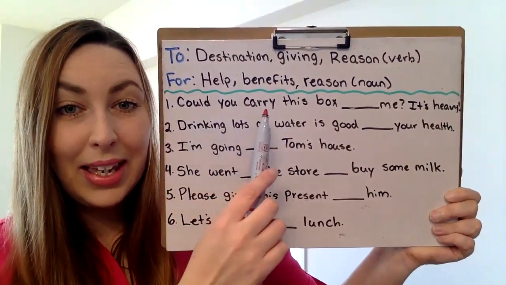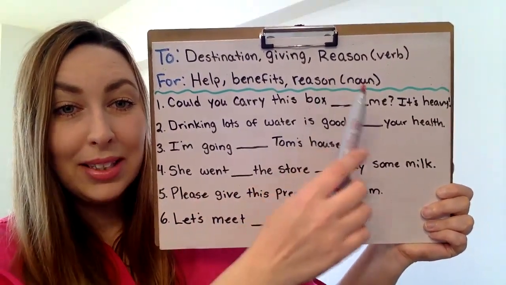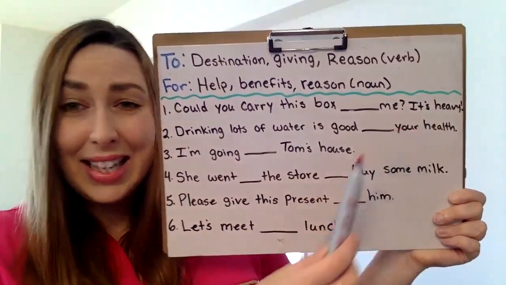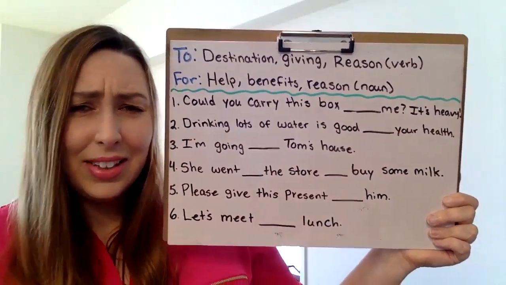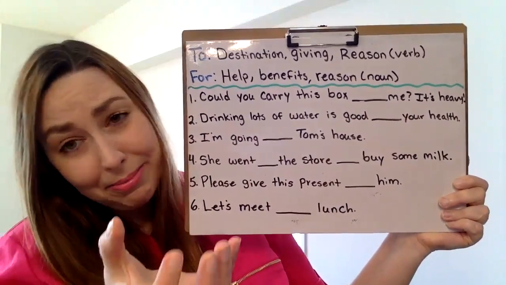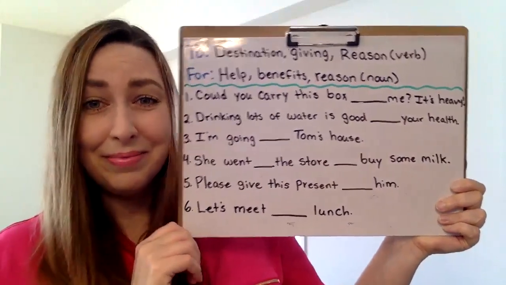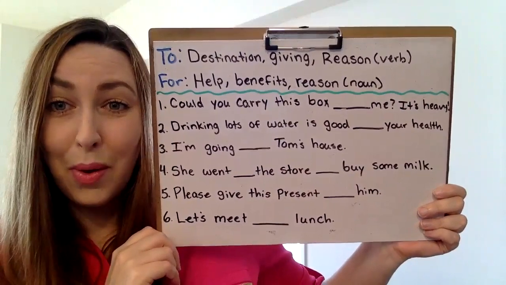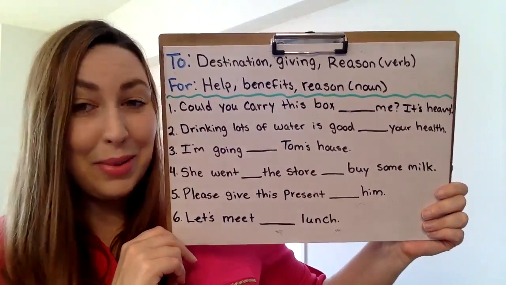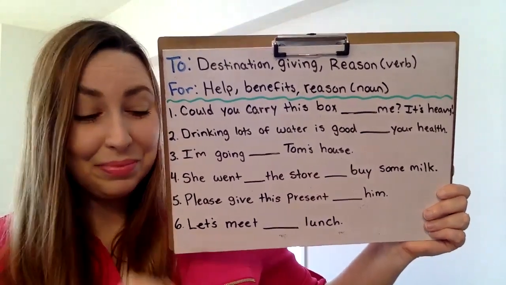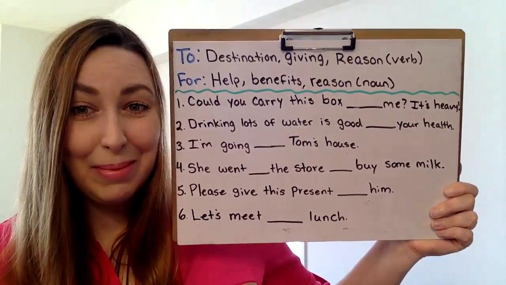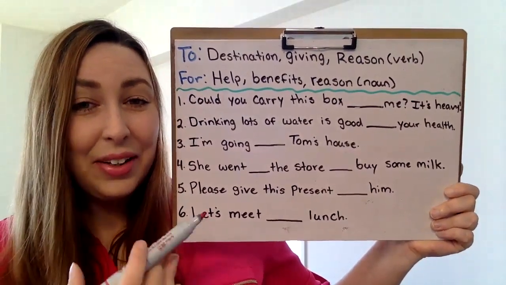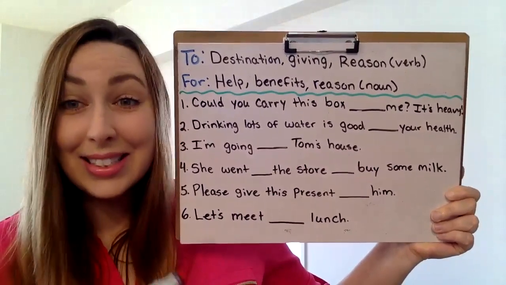Could you carry this box ___ me? It's heavy. Are we going to use "to" or "for"? "To" or "for"? Okay. You can write your answer in the comments. Hopefully this one's easy. Could you carry this box?